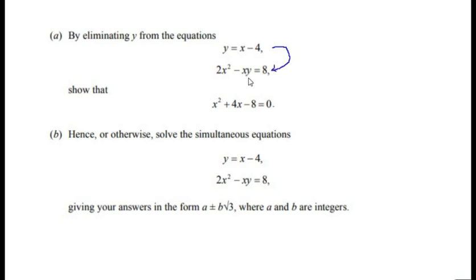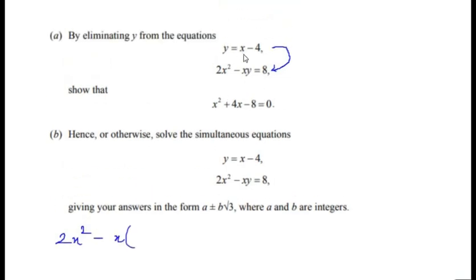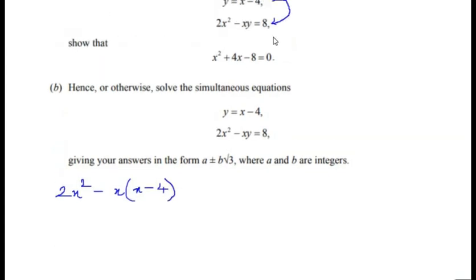The way to solve it is, let us take the second equation, which is 2x square minus x, and in place of y we are going to just put the value of y, which is x minus 4. So here we write x minus 4, and then we have equal to 8.